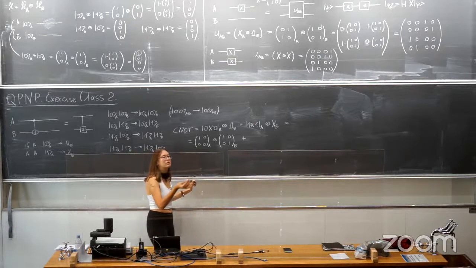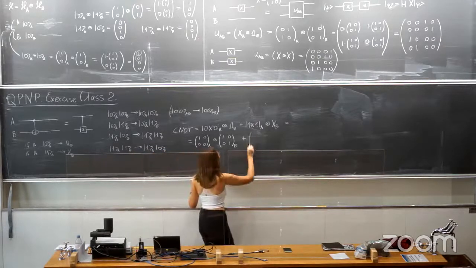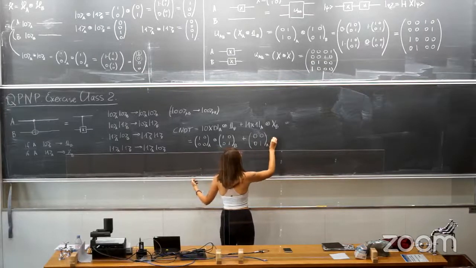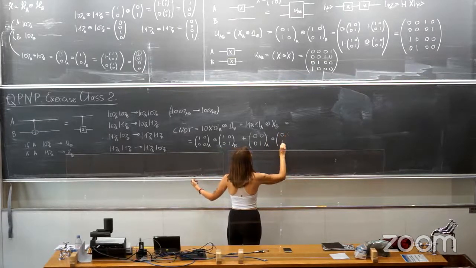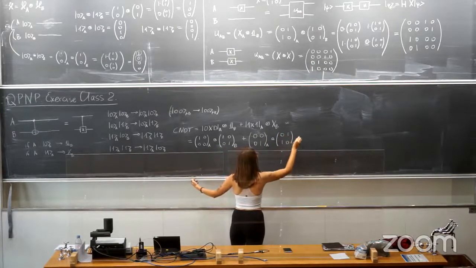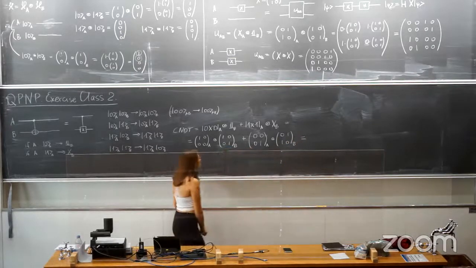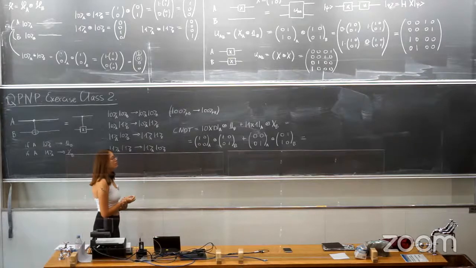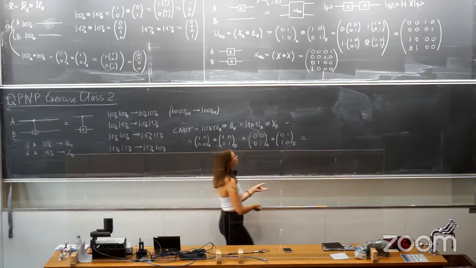Yes, exactly. Okay, so since now you know how the tensor product works, can you tell me the final result of this? Yeah, you can take your time to calculate.